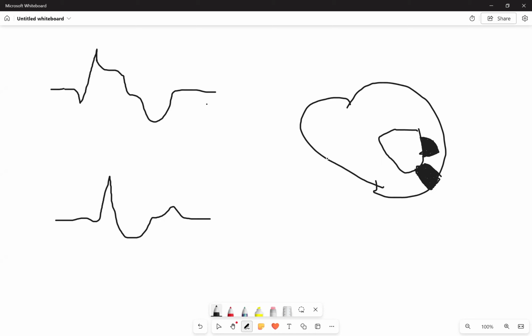You don't have ST elevation because, again, in ST elevation MI, the whole thickness of the muscle died, right? That's what's responsible for the ST elevation. Unlike here in ST depression, in STEMI this part of the muscle is still alive, correct? So these will still contract. This will still transmit impulses. So there will be no ST elevation.